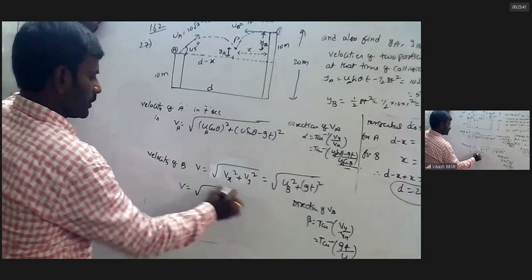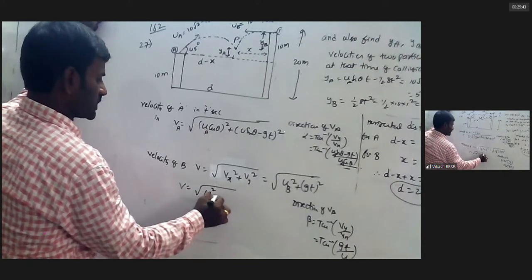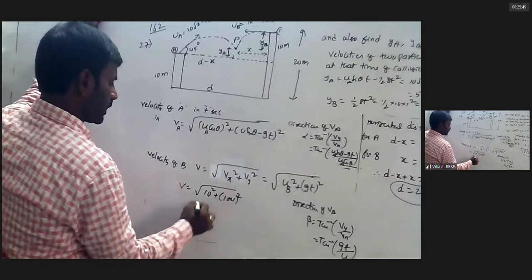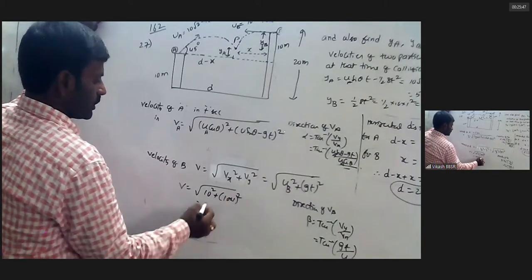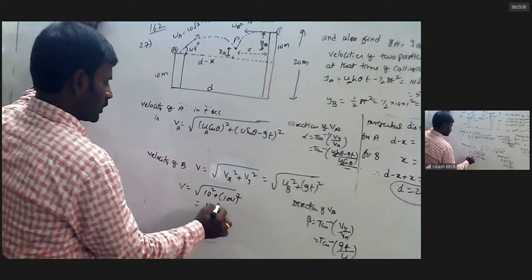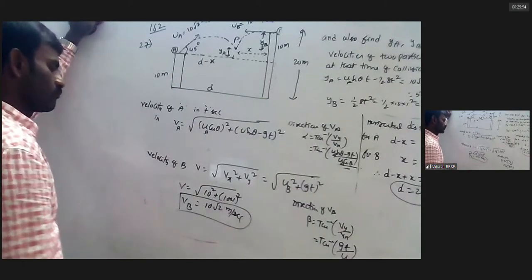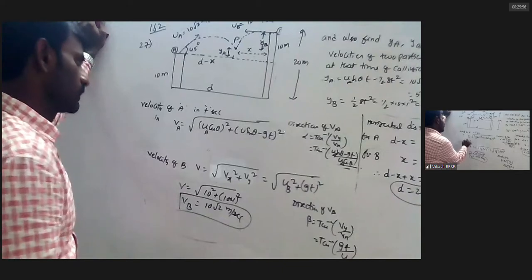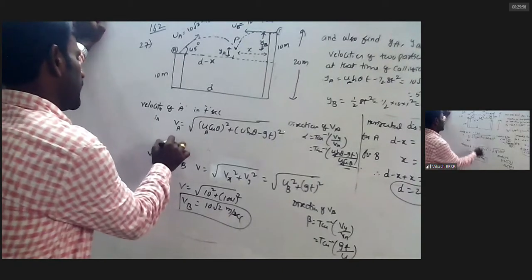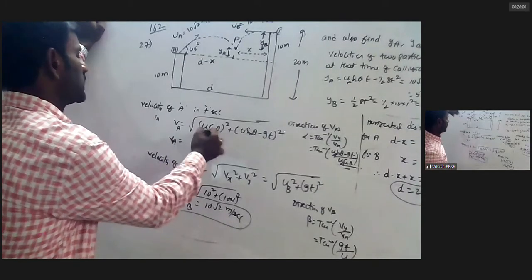Root of 10 square plus 10 into 1. Okay, 10 root 2 meter per second. Velocity of A, U cos theta, and already there, 10 root 2 into 45. 10.